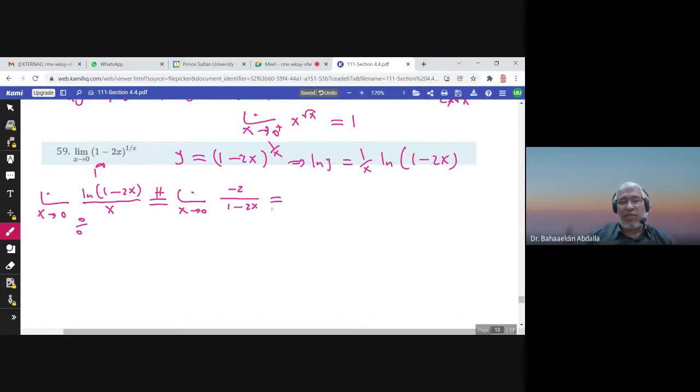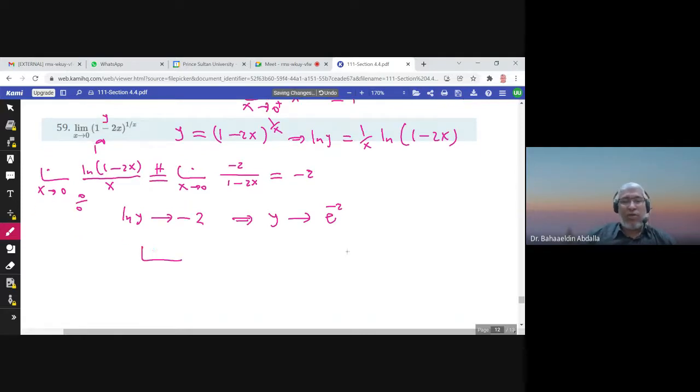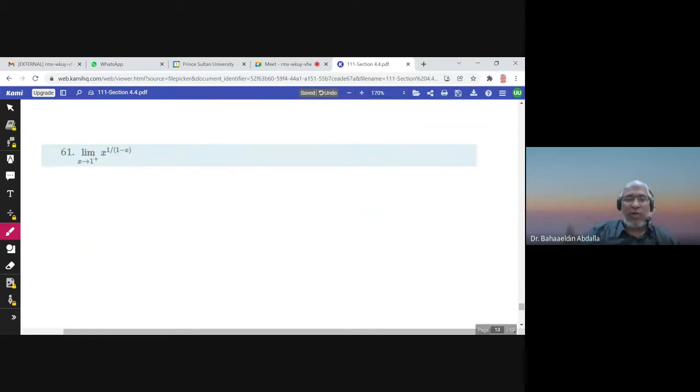Now if x is 0, the answer is negative 2 over 1. So ln y goes to negative 2. This means y goes to e to the power negative 2. So limit y when x approaches 0 is 1 over e squared or e to the power negative 2.